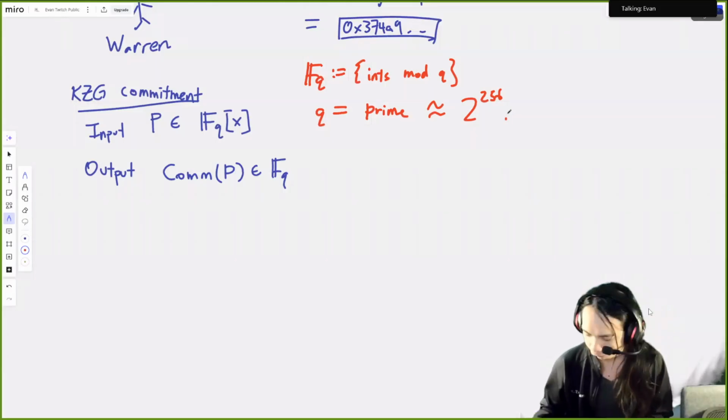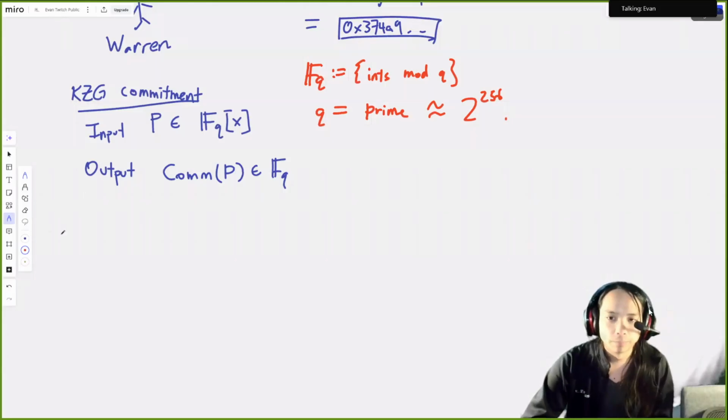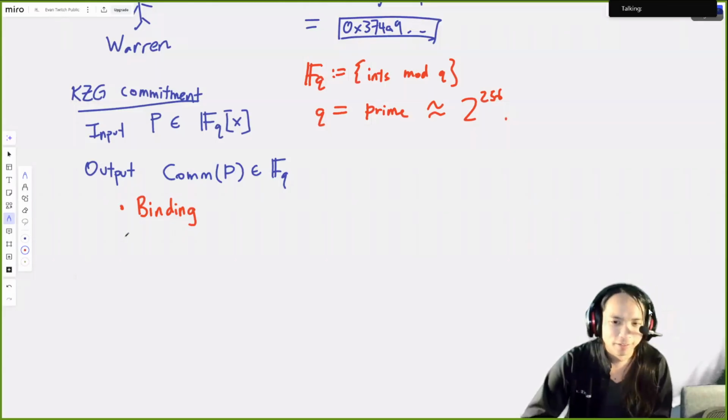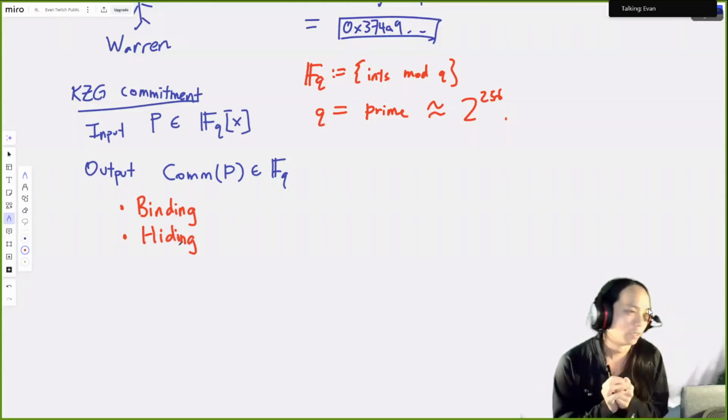And like before, it's going to be binding, meaning that once I make this commitment, I can't change it. And it's going to be hiding, which means that if I just give you the commitment, it doesn't tell you anything about the polynomial.